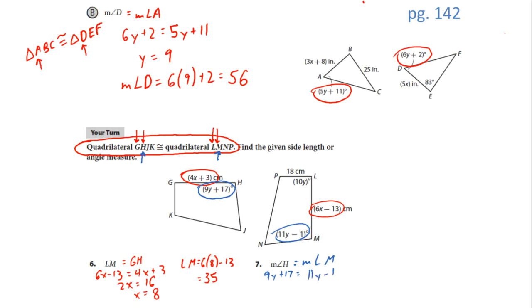So let me move the 9y over, move the 1 over, and we get y equals 9. Finally, the measure of angle H was 9y plus 17, so 9 times 9 plus 17. 81 plus 17 is 98. So my final answer for the measure of angle H is 98.